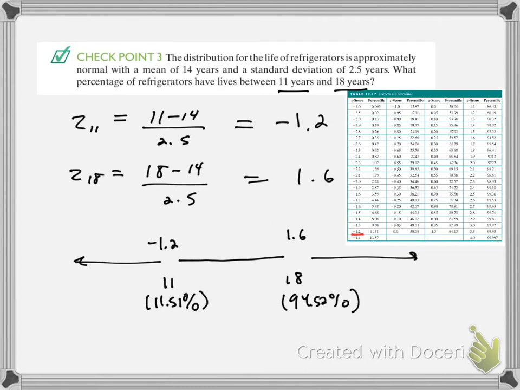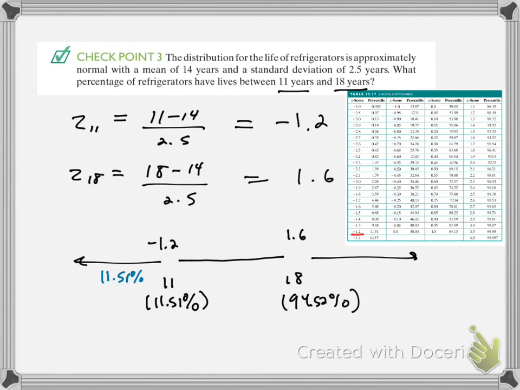And we want to find the percentage of refrigerators that have lives between those two. So that means below 11 over here, 11.51% of the refrigerators have a life below 11 years.